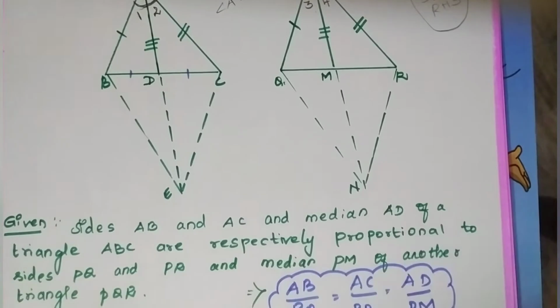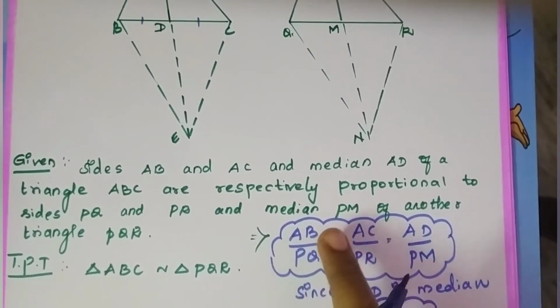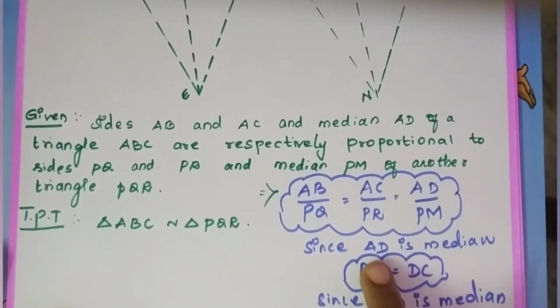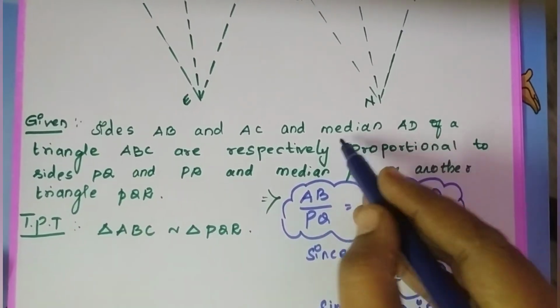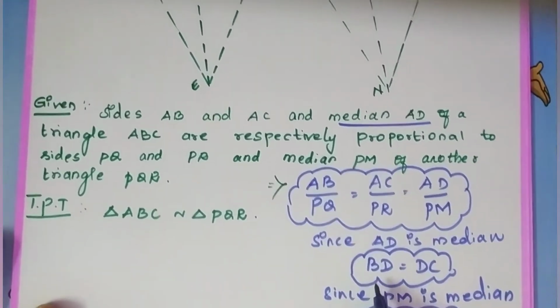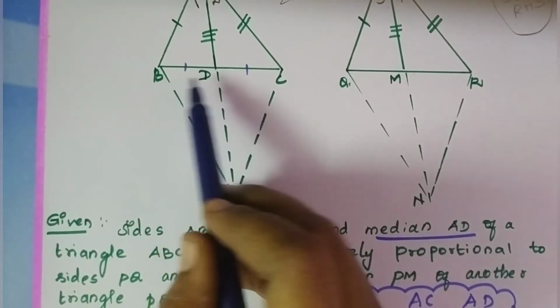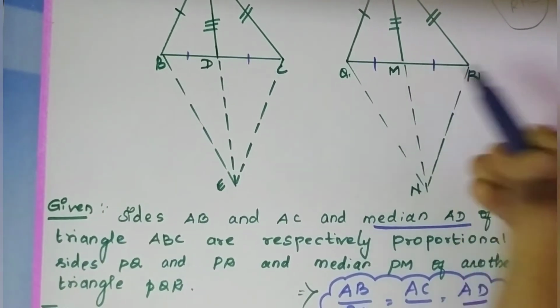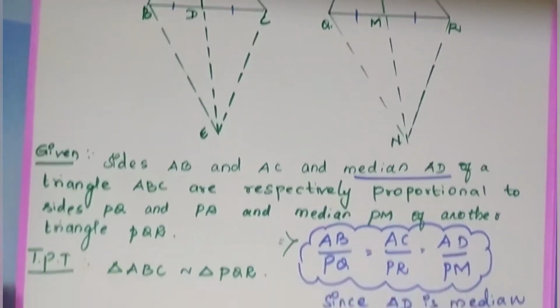The sides are in proportion, so I have written AB divided by PQ, AC divided by PR, and AD divided by PM. And since AD is a median, D must be a midpoint. So BD is equal to DC and QM is equal to MR.